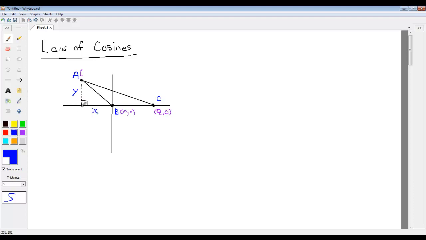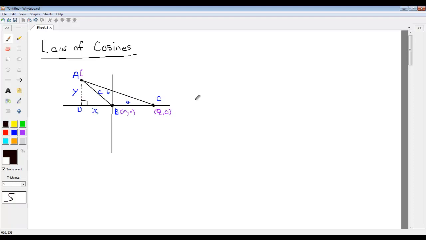And then we can label this point here capital D. Okay. And then we also have sides, side a, side b, side c. That didn't turn out very well when I wrote side c there, but there we go.